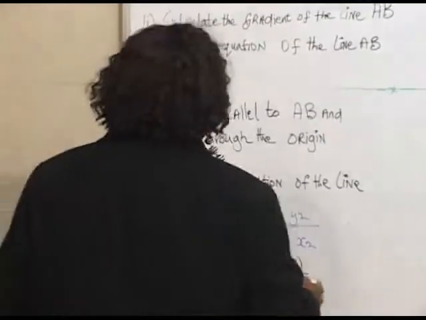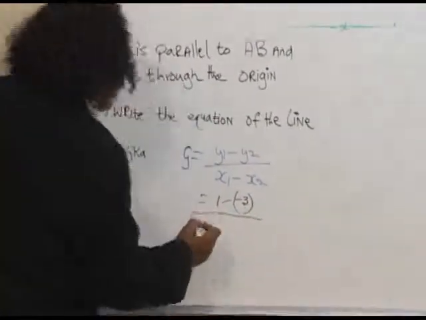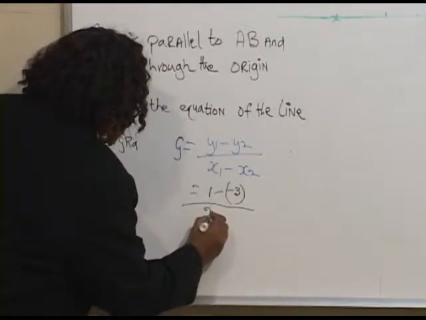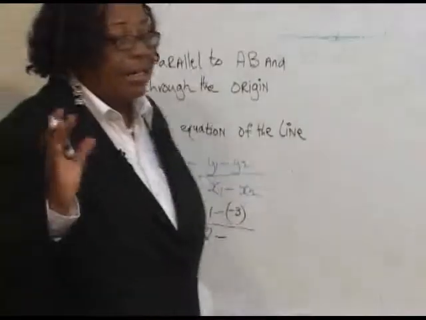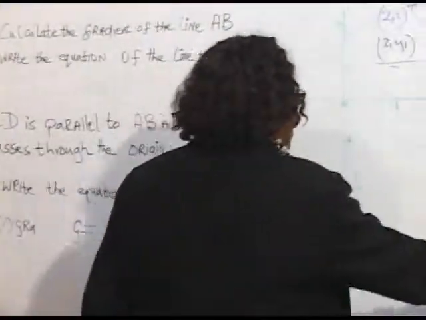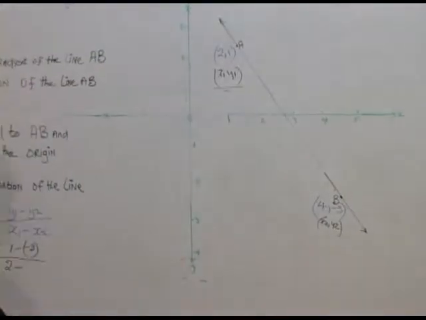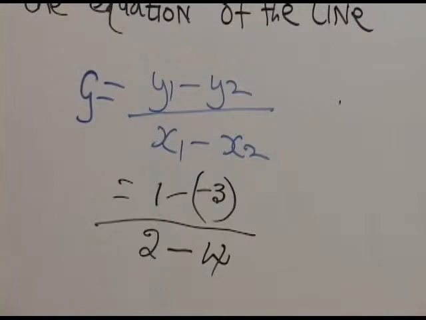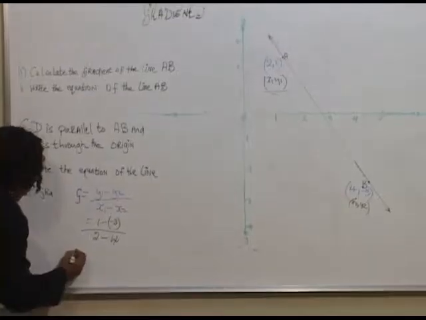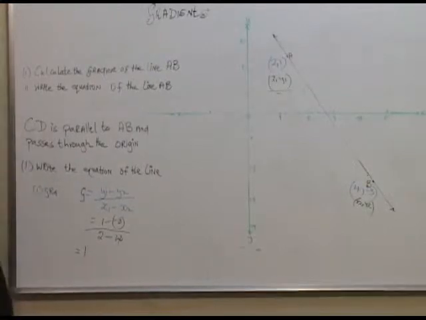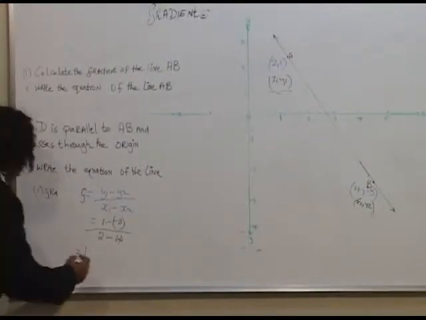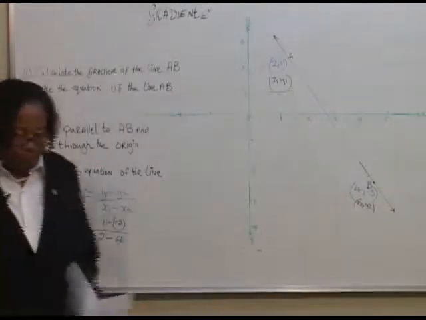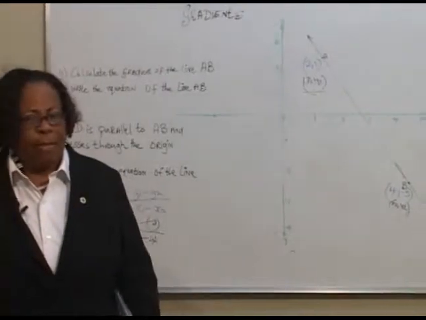Okay? And then now it's over, and again x1, and the x1 would be equal to 2, and it's minus, and again the x1 and x2 are not in the same bracket, and here we have x2, which is equal to 4. Right? And that is all it boils down to. All right? So we are now going to say it's now equal, and it's 1. A negative times a negative would give you a, right, positive, plus 3, and it's over 2 minus 4. Which number is bigger? -4, right?